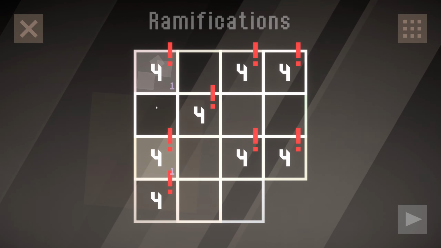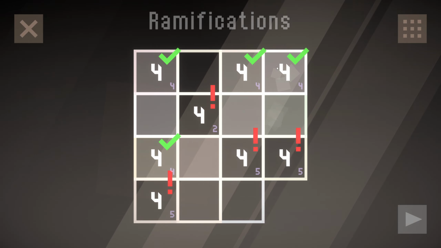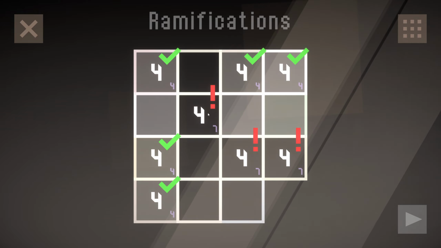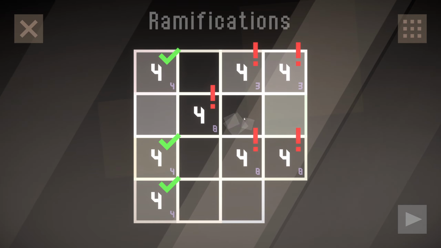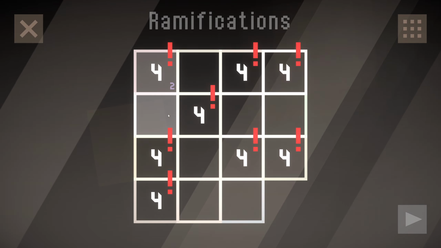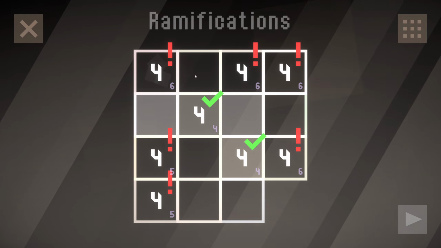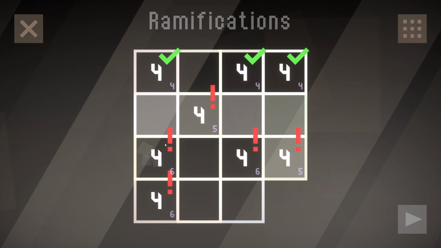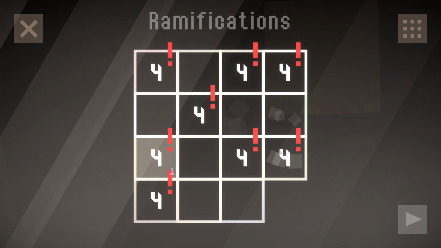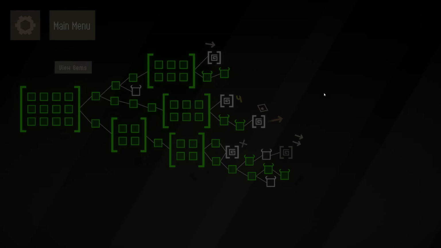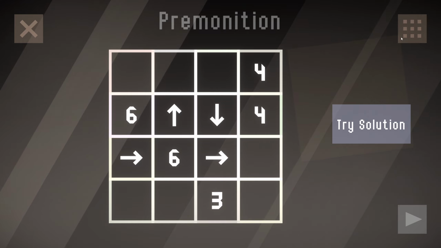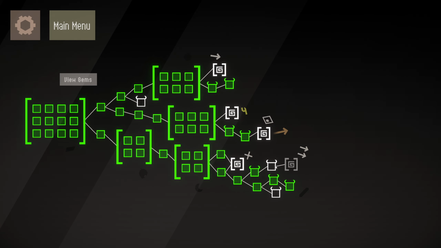But that doesn't mean they can't both be lit, because you can have alternate sizes and shapes of stuff. No. We got off to such a flying start. So that's Ramifications. If I can get through this one, we get another teleporter to go through.